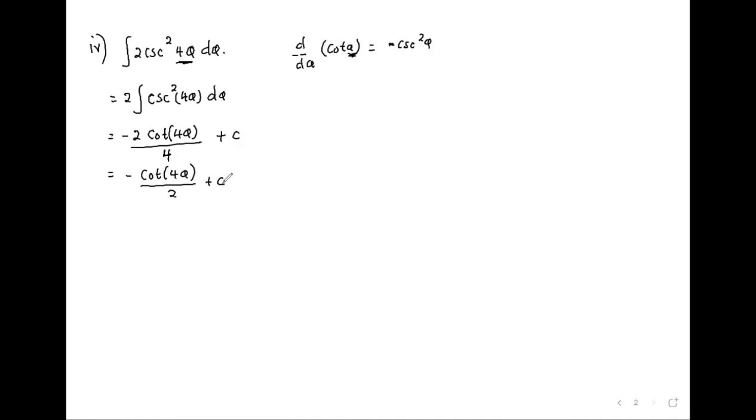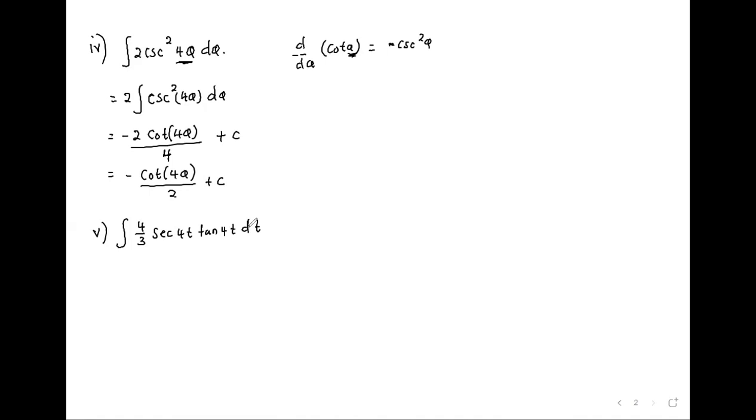Okay, so let's go to the other one, part 5. The integral of 4 over 3 sec 4t tan 4t dt.